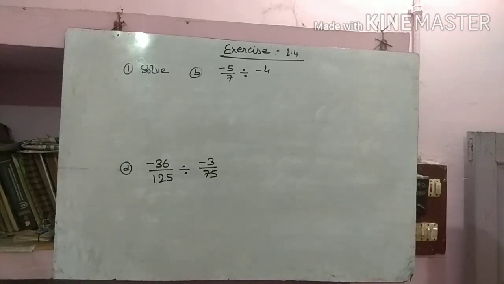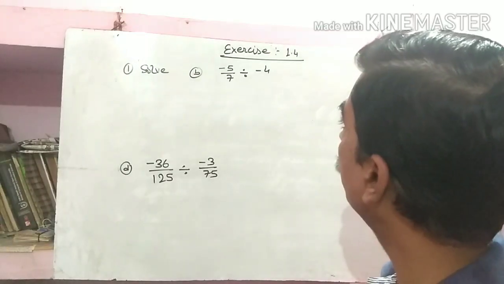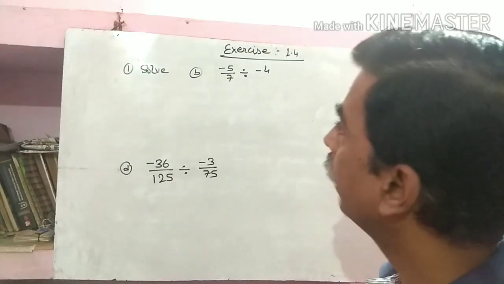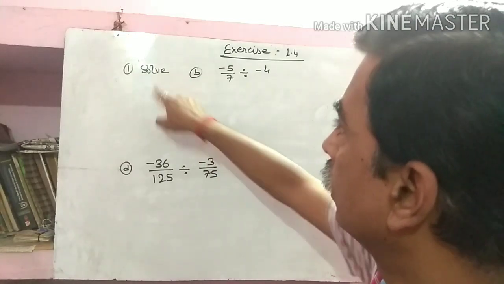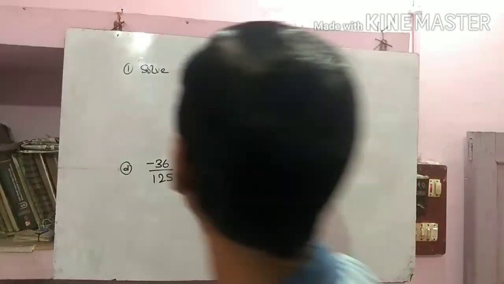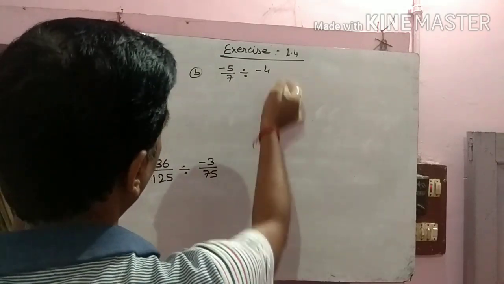To start solving the questions of exercise 1.4, I have taken question number 1, parts B and D, which is solve. The value is given like this, and we have to find the value after calculating.